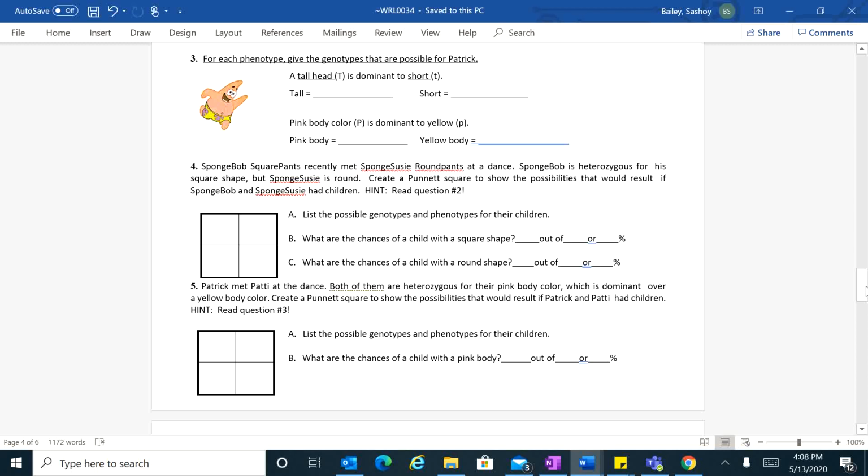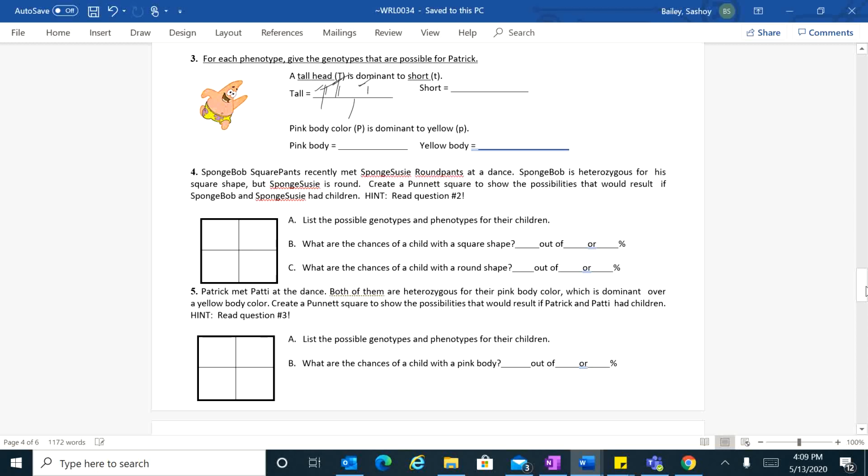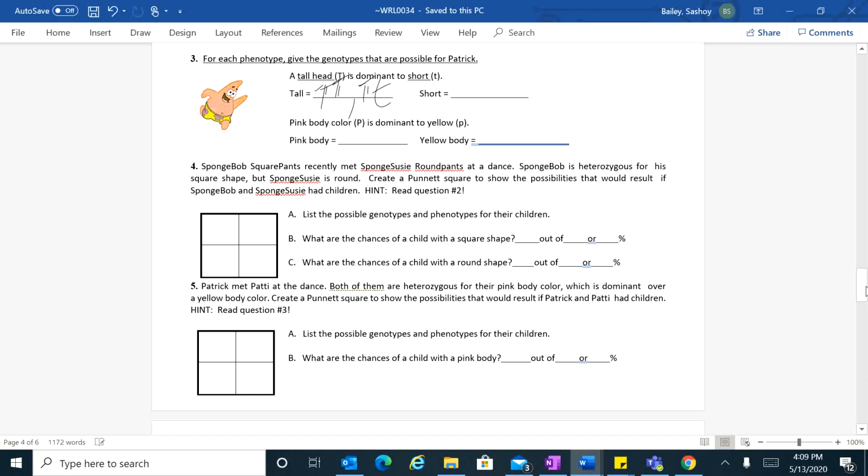Some possible examples from him having a tall head would be TT, right? Because whenever we have two uppercases, it's dominant. Whenever we have one uppercase, it's still dominant. The only way it will be short is if it's two lowercases.